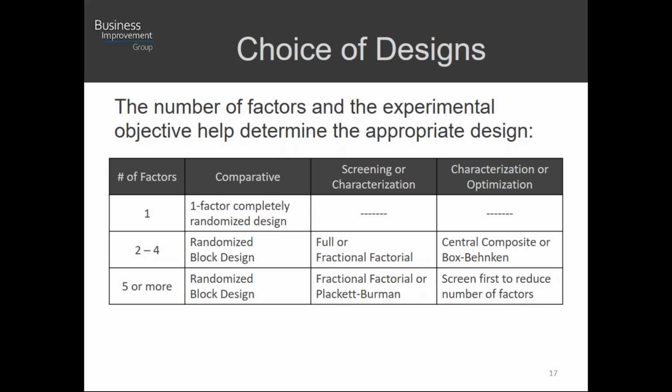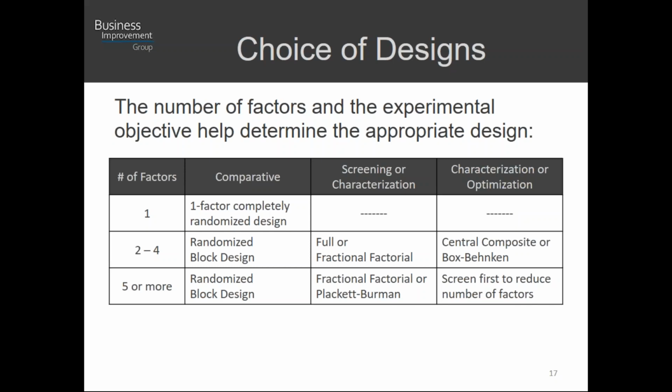Now, if you have 5 or more factors, again, for a comparative study, you're still going to do a randomized block design. But if you're screening or characterizing, you're going to step off of the full factorial, and we're going to see why. Just to give you a hint, as you add factors, the number of experiments you have to run grows exponentially.